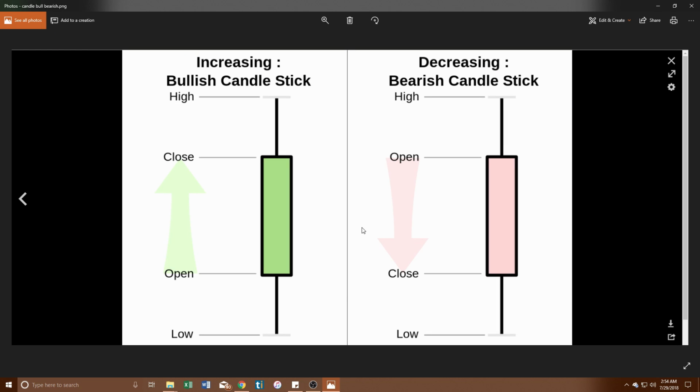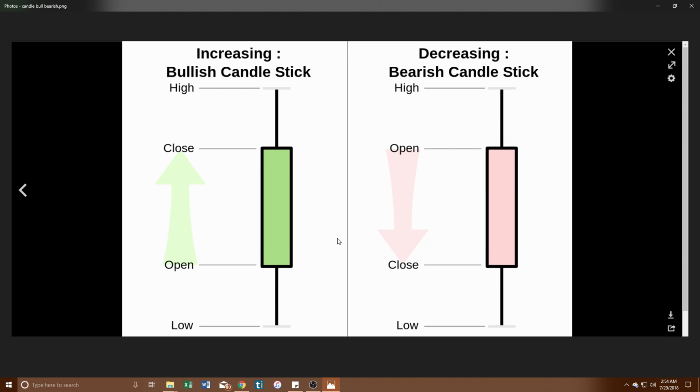So this is your basic candle right here. Now, the only difference is between a green candle or a white candle, which is bullish, and a bearish candle, which is normally red or black. With a bullish candle, you have the open at the bottom, and then it has a lower wick here.